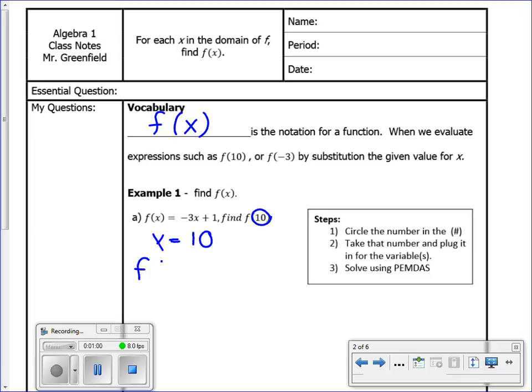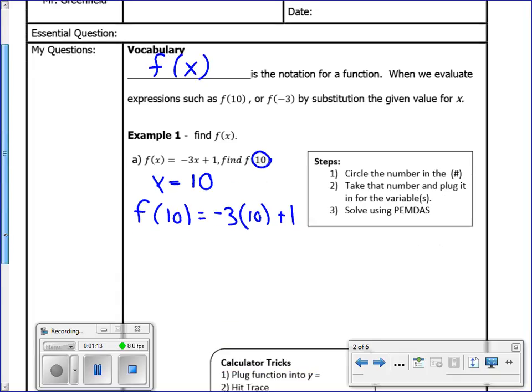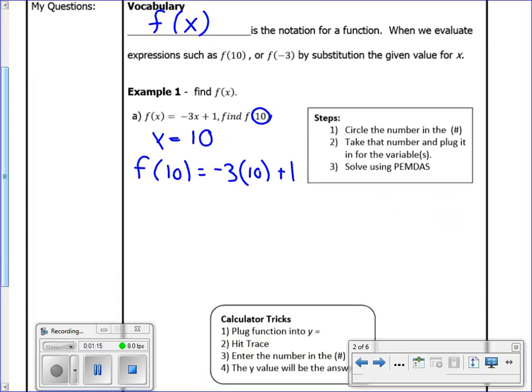So f of 10 equals -3, and instead of x, we're plugging in 10, plus 1. And then all we do is solve using order of operations. -3 times 10 is -30. -30 plus 1 will give us -29.